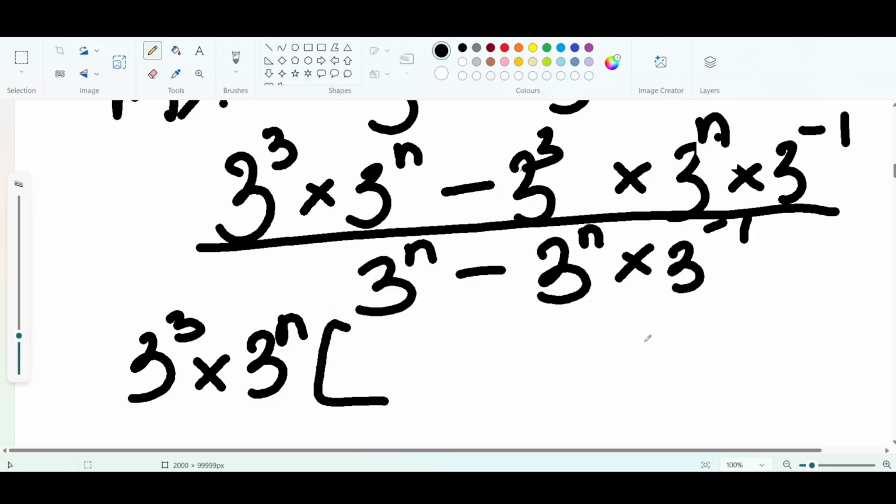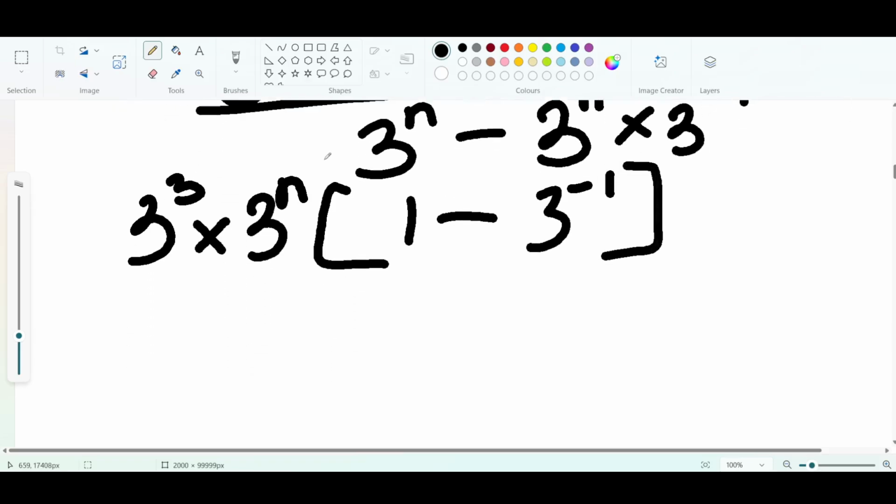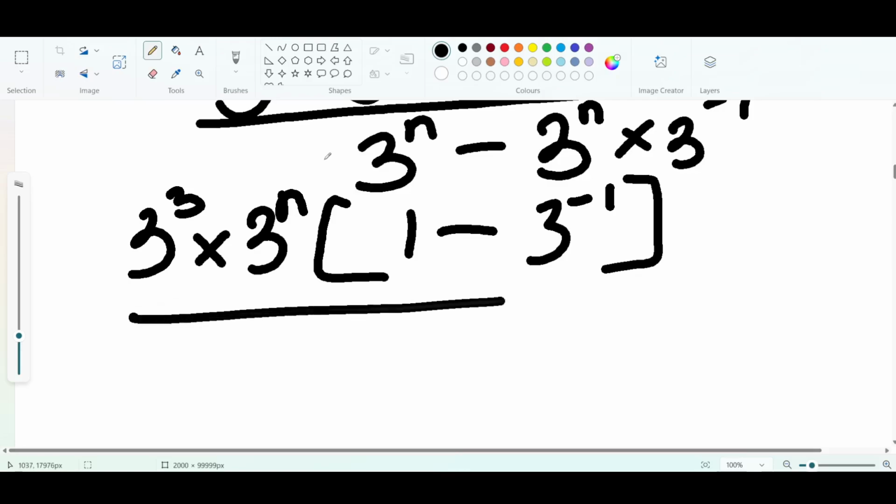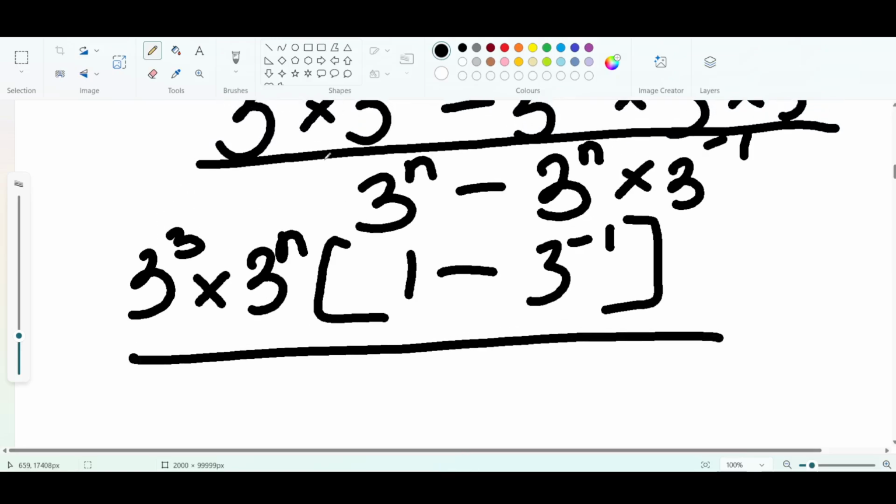We open the bracket. What are we going to be left with? When we divide this by everything here, we're going to be left with 1 minus 3 raised to the power minus 1 here. So that's for the numerator. And for the denominator, 3 raised to the power n is common.